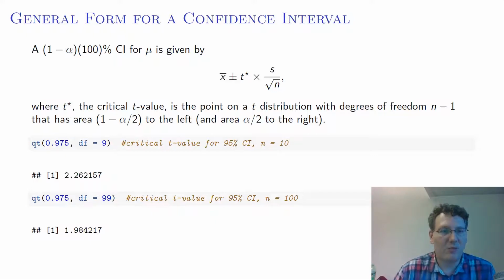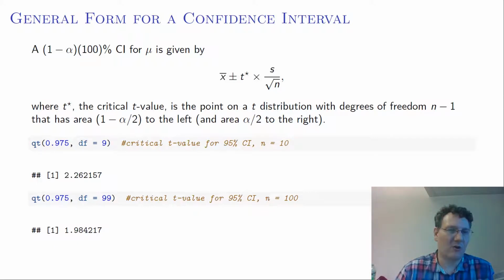What you'll see in some places is a confidence interval given as (1 minus alpha) times 100%. CI means confidence interval. So if I was saying 95%, the alpha would be 0.05.